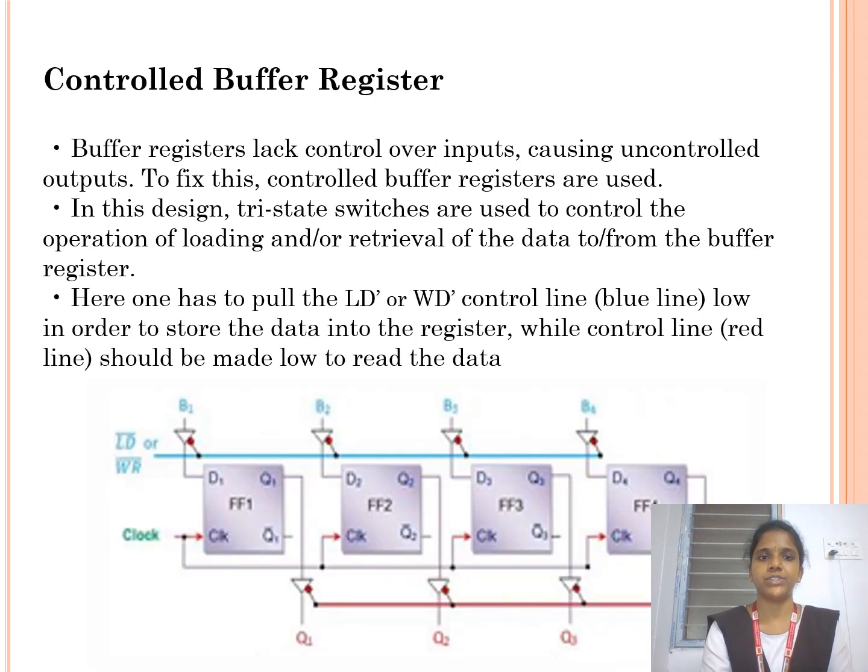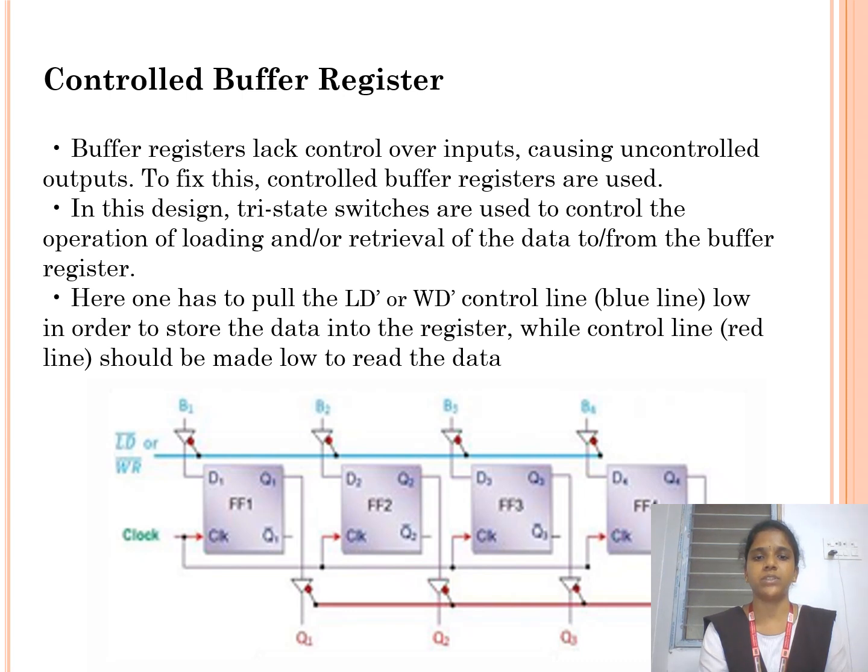Another type of register is the controlled buffer register. Controlled buffer registers are used to replace buffer registers, as buffer registers lack control over inputs, causing uncontrolled outputs. This is the disadvantage, so to fix this, controlled buffer registers are used. In this design, tri-state switches are used to control the loading and retrieval of data from the buffer registers.